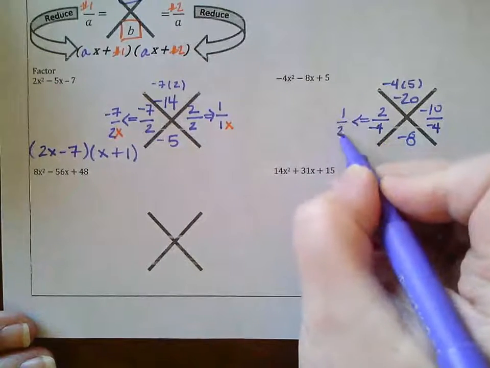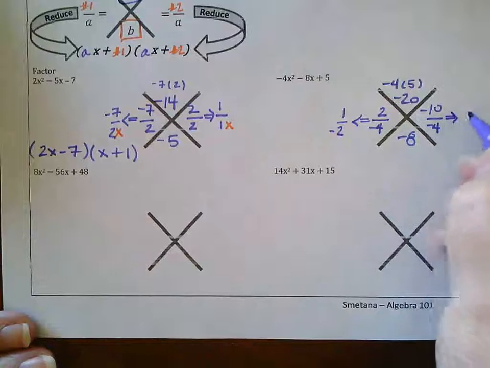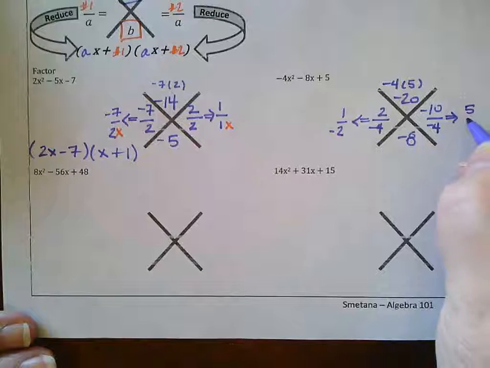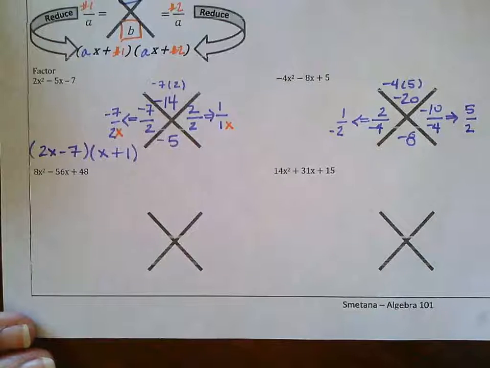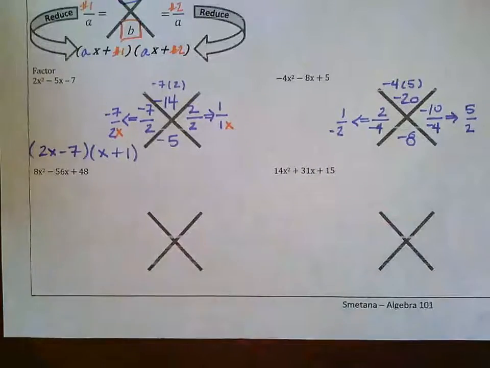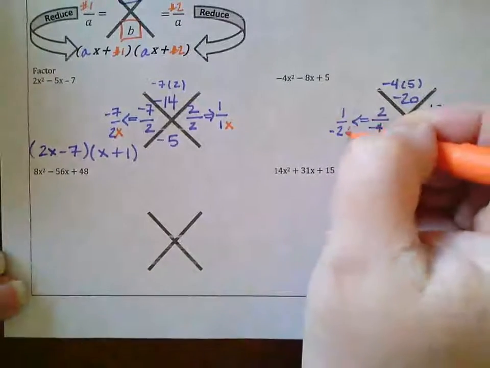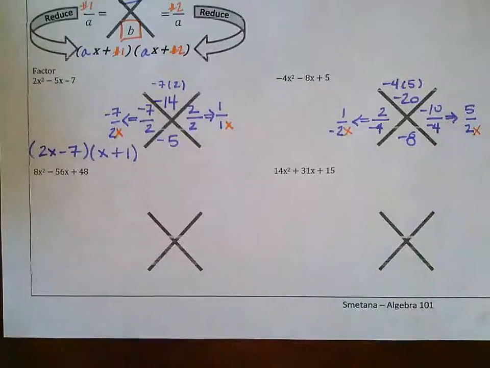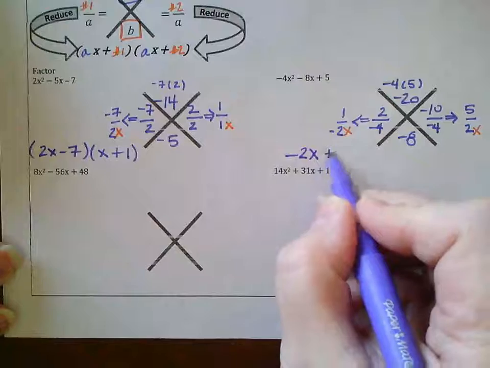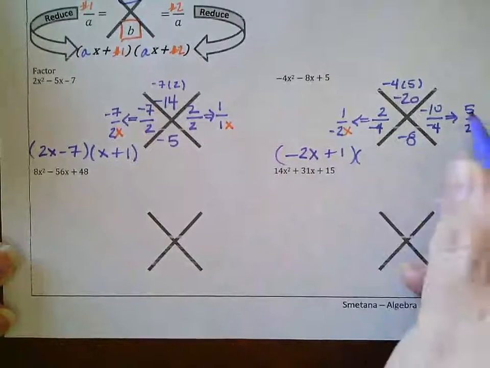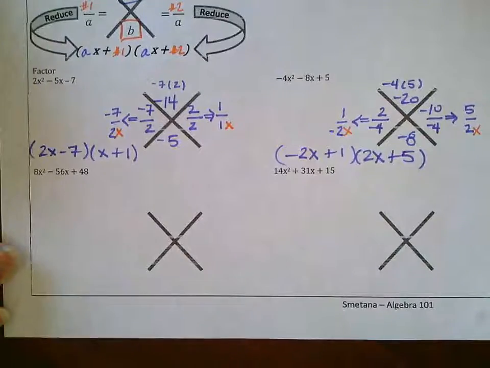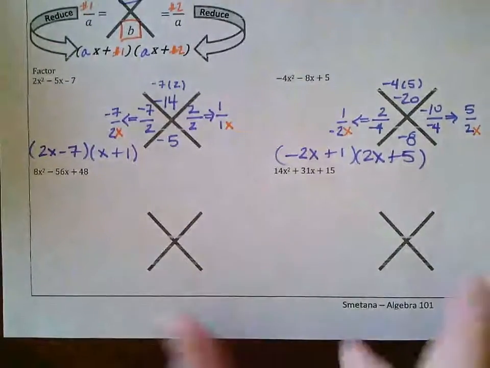Reduce and reduce. So this is going to become positive 5 halves. And then your answer becomes -2x plus 1 and 2x plus 5. Voila.